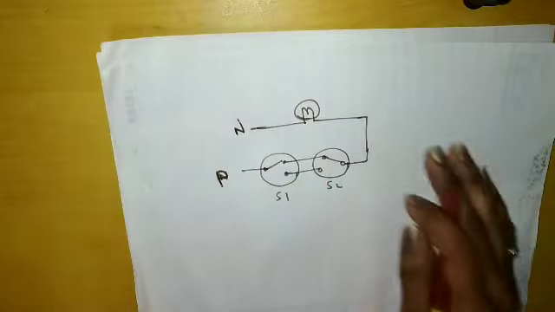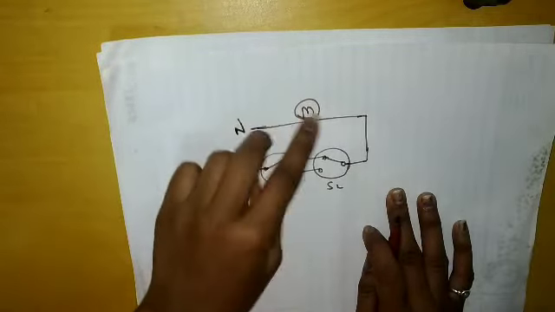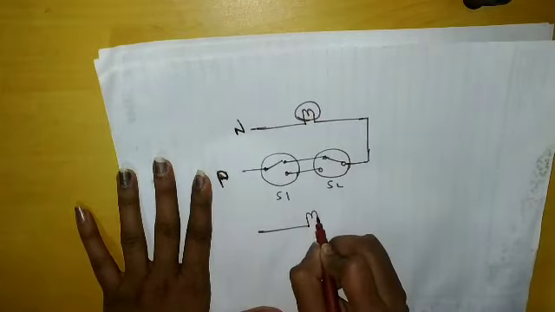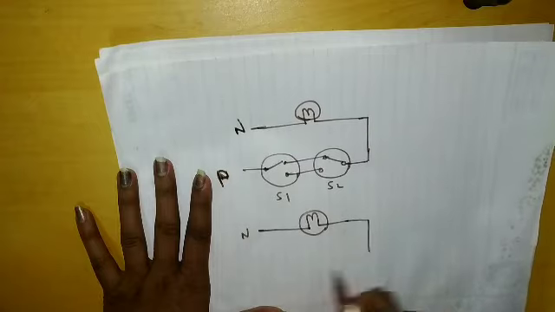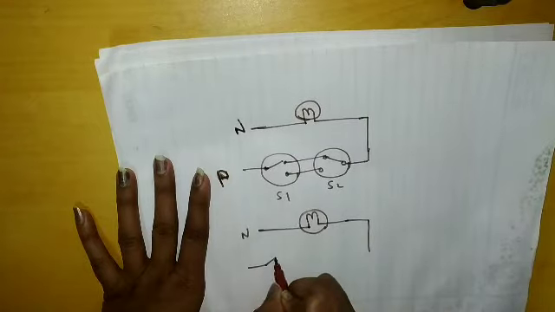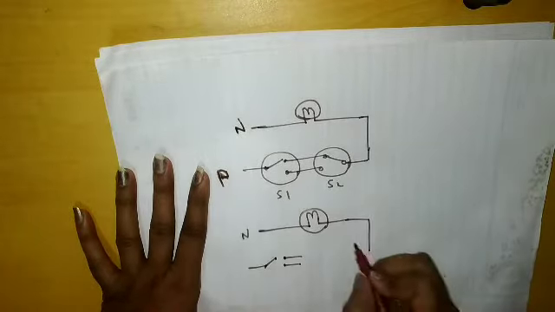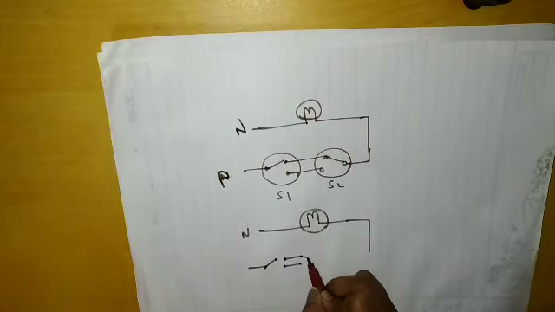So this is our staircase wiring. But in intermediate, as I said, we can control one bulb by 3 or 4 switches. The diagram is similar: phase and neutral are given to this appliance, and here we just attach one intermediate switch. So this is how we have to draw.